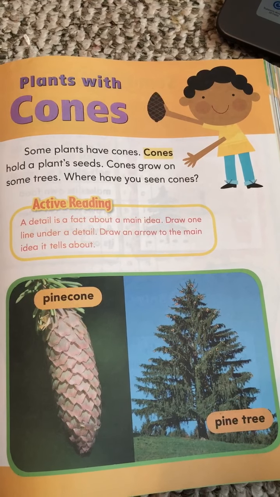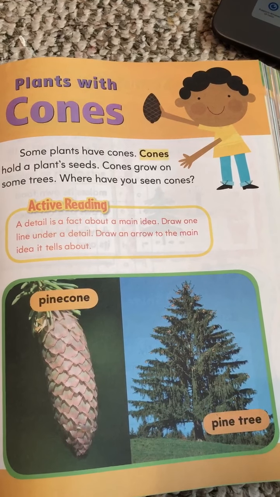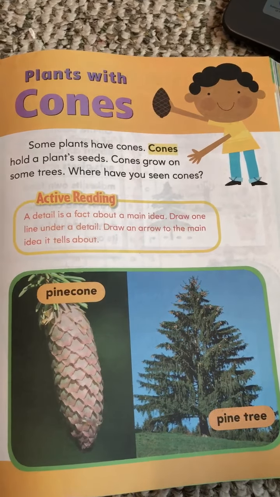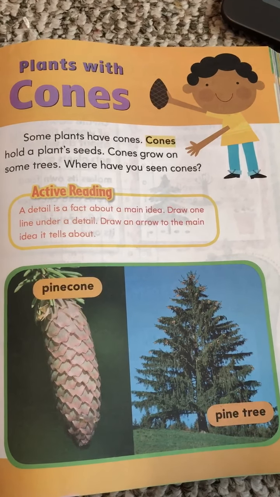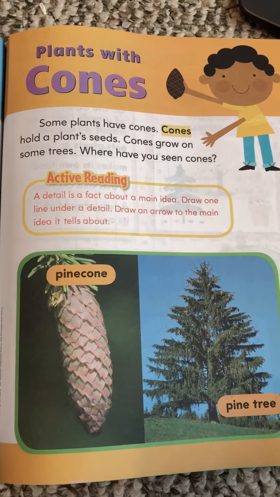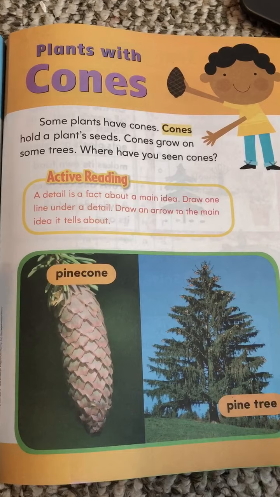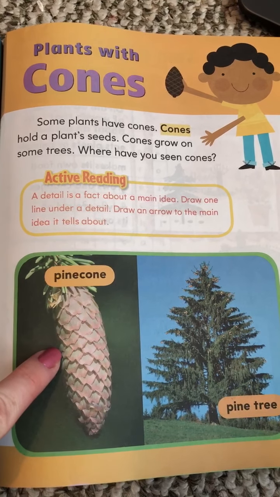A cone is a solid shape. It has a point at the end. And they're found on plants, mainly trees, and they hold seeds. All those points that you see, sometimes if you feel a cone, they're very spiky, they're very sharp. It holds seeds inside. So that's an example of a pine cone.